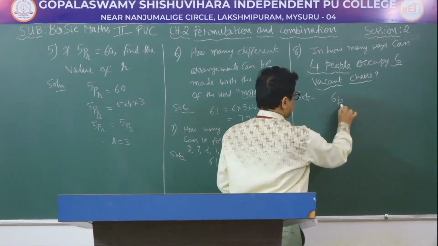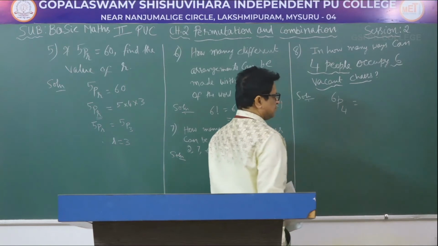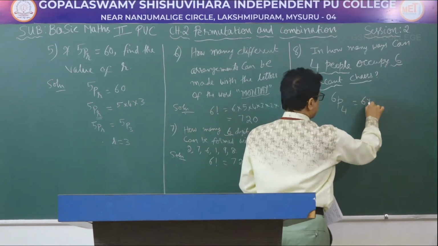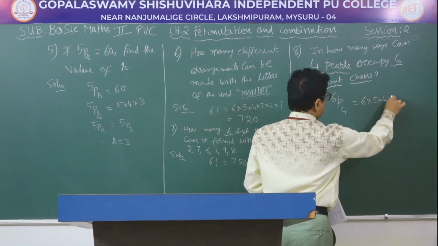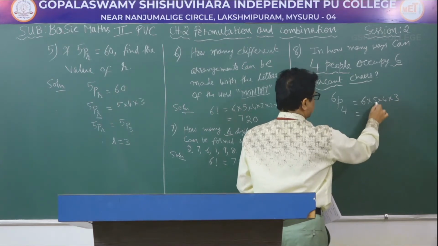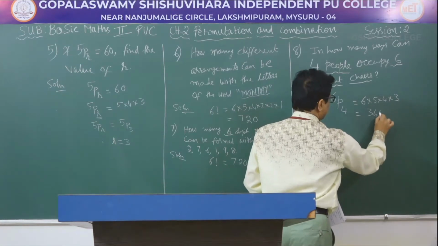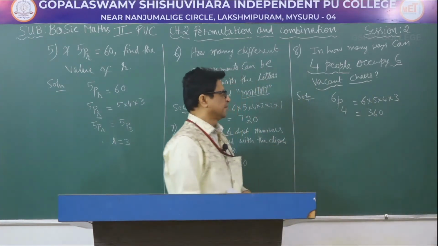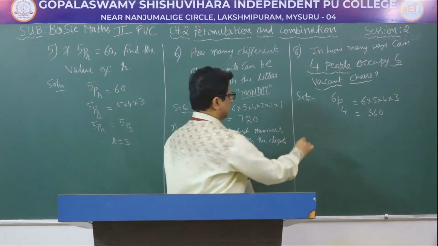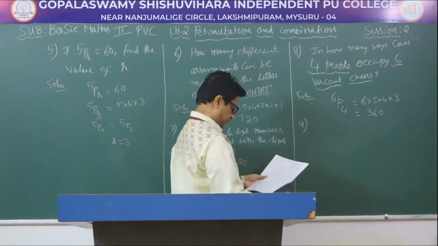So, 6P4 will be equal to 6 into 5 into 4 into 3. 6 5s are 30, 30 into 4 is 120, 120 into 3 is 360. So, next problem.